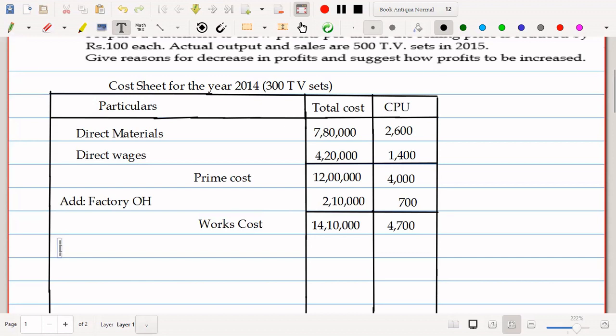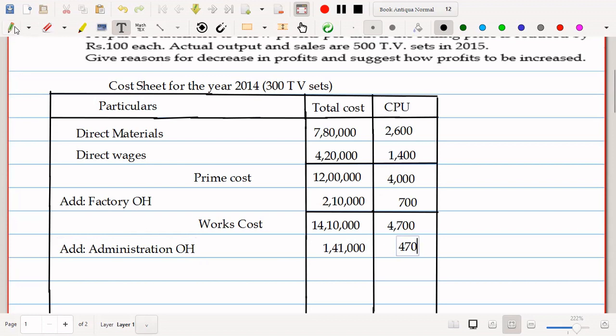To this, what do we add now? Add administration overhead or office overhead. It's given in the problem as ₹1,41,000. So take out the per unit cost, it comes to 470.